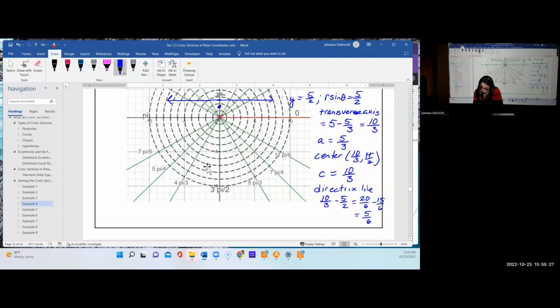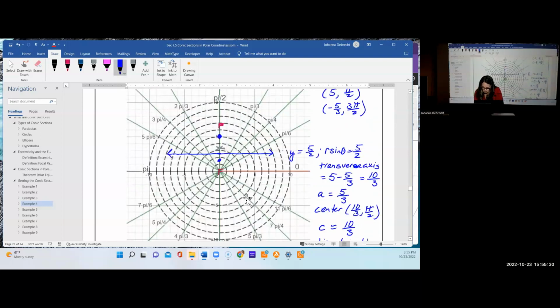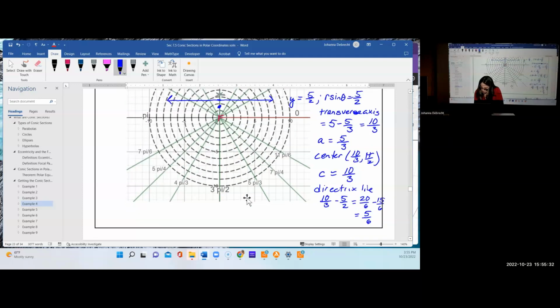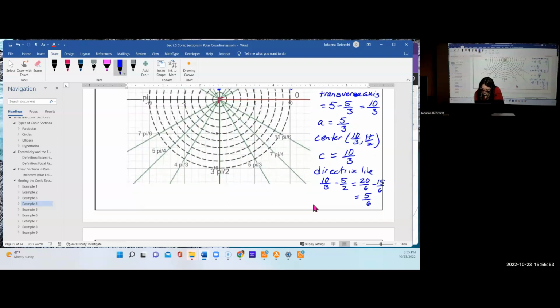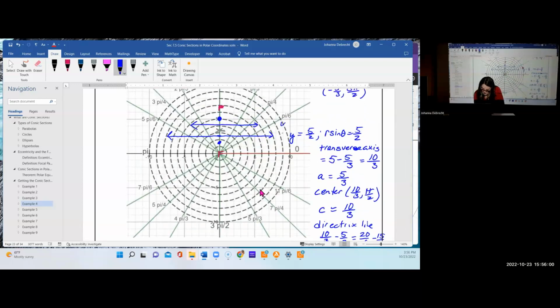So 5/6 plus 10/3, basically, would be 25/6, which is just over 4. So just barely above 1, 2, 3, 4. Barely above that line right there. Right? And we said that would be at y equals 25/6. I believe that's what we said. All right, so this becomes y equals 25/6.